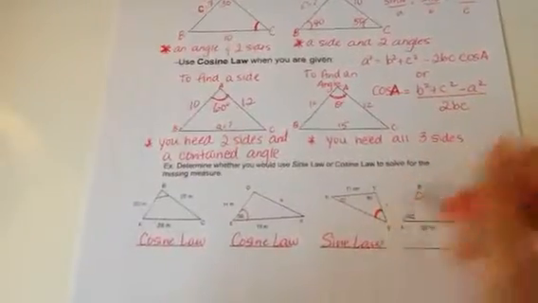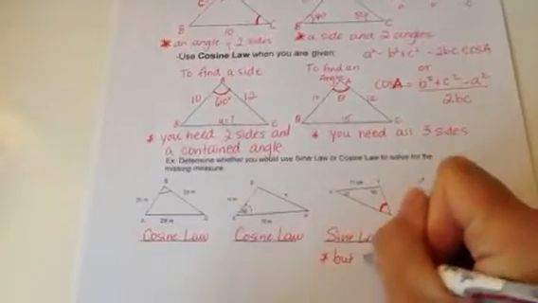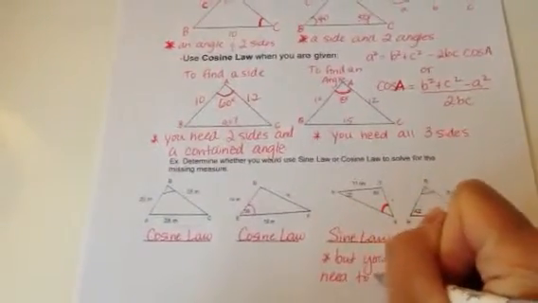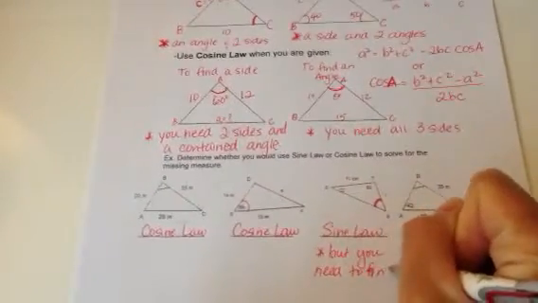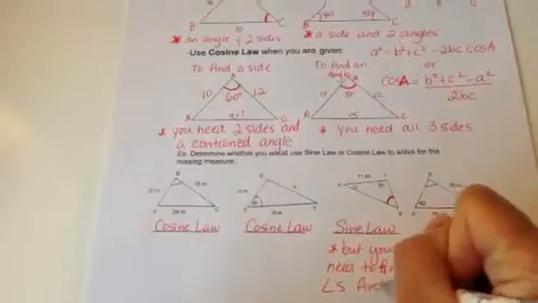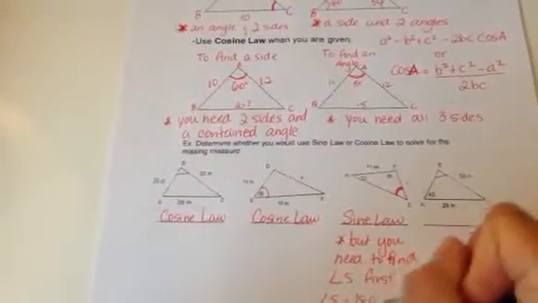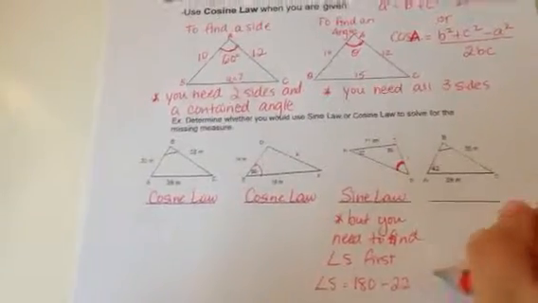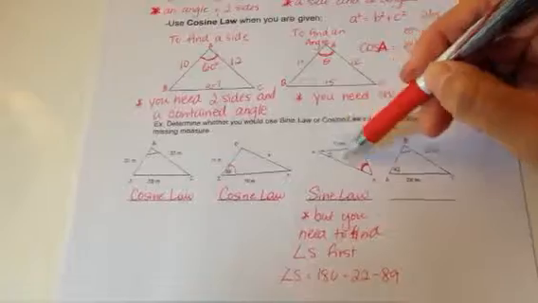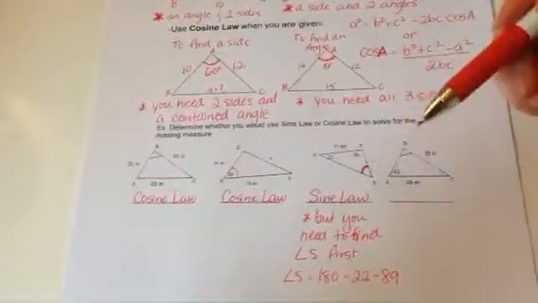You would use the sine law, but you need to find angle S first. And you do that by doing 180 minus the 22 minus the 89, and that will give you S, which will give you your complete ratio. So there's one step beforehand first.